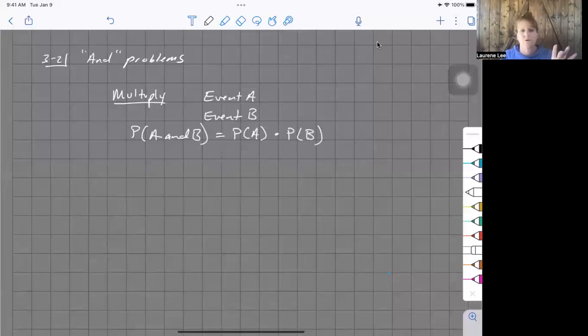So let's do a really simple example. Let's say I'm going to roll a die, and I ask, what's the probability that I roll a 3 and then an even number?